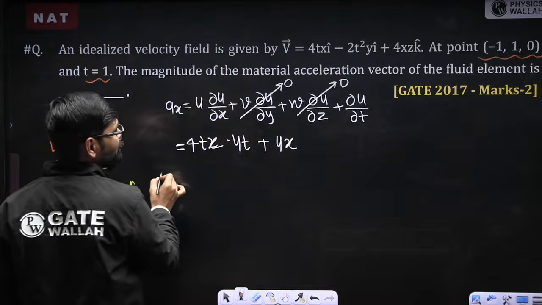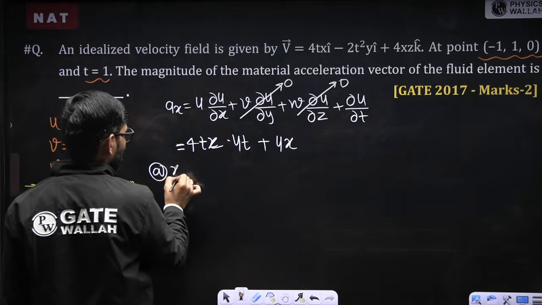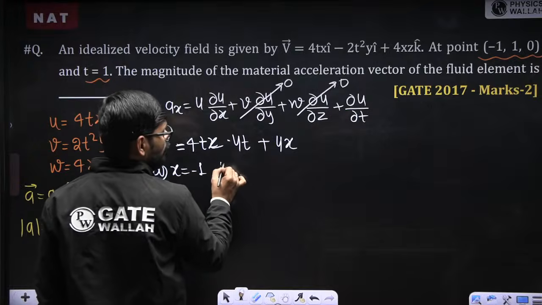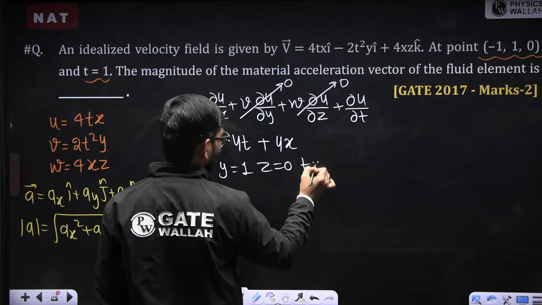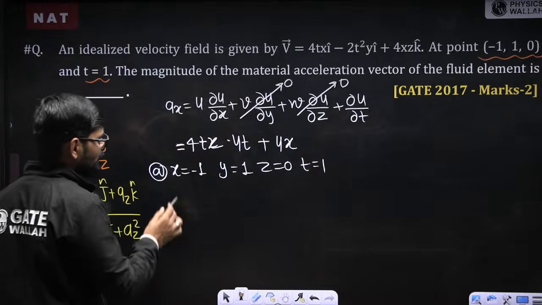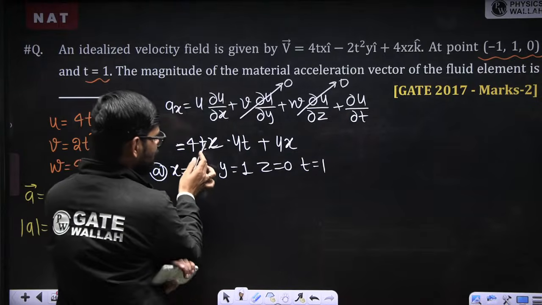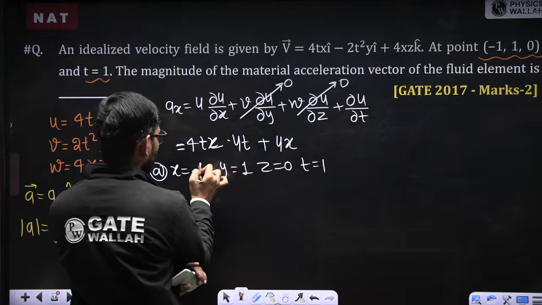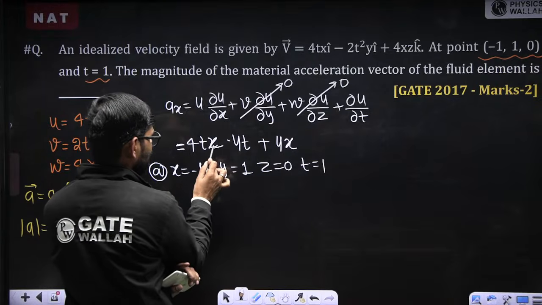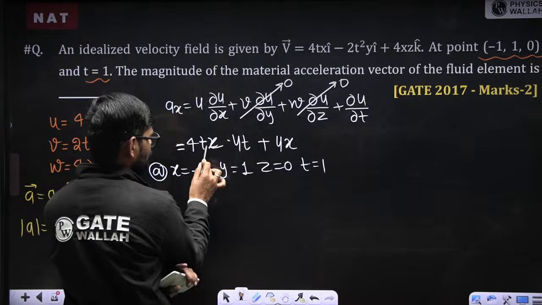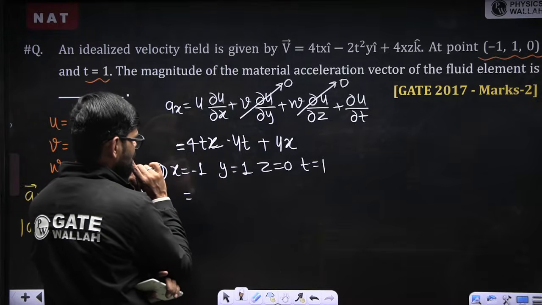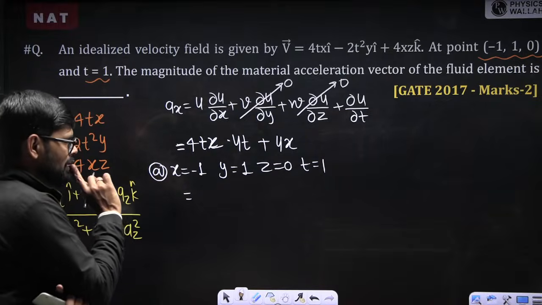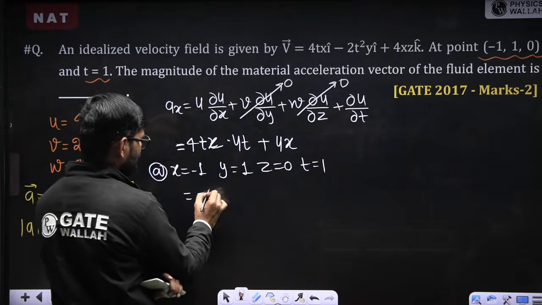So at the given point, x is equal to -1, y is equal to 1, z is equal to 0, and t is equal to 1. So here x value is -1 and t value is 1, right? So putting -1 we get -16, and then -4, so -20 will come.